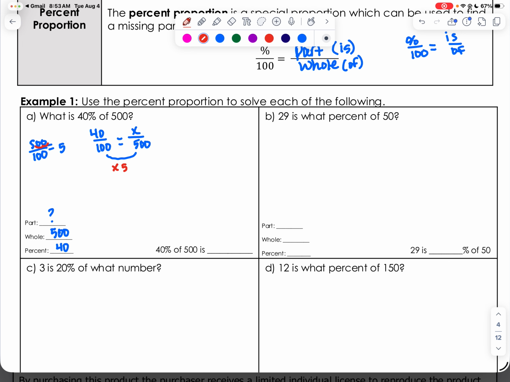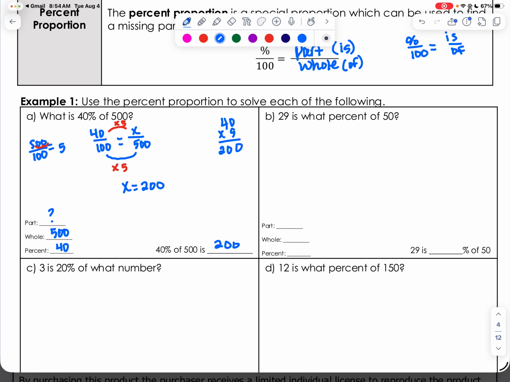So if I multiply the denominator by 5, I must also multiply the numerator by 5. So 40 times 5 would be 200. So we could say x equals 200. Now, let's write this as a statement. 40% of 500 is 200.